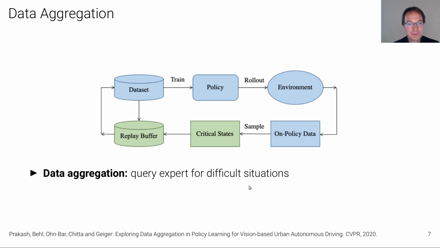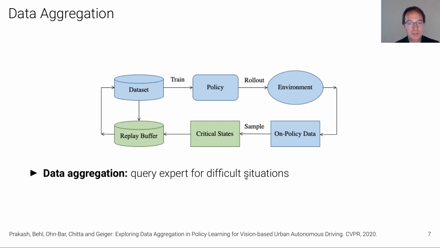Another thing you can do is use data aggregation. You can iteratively increase your data set using on-policy generated data, by querying the expert for difficult situations. One famous approach in this area is DAgger, but if you apply it to Carla, it doesn't work quite as well. The reason is that the data set is very biased.